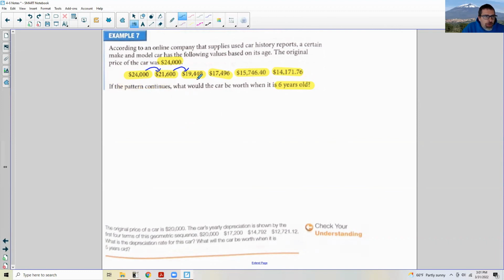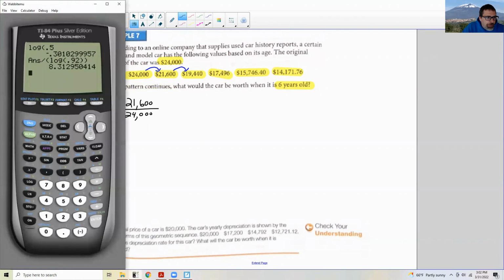So now we're going to try to do it with these. 21,600 divided by 24,000. I put that in my calculator and I get 0.9.